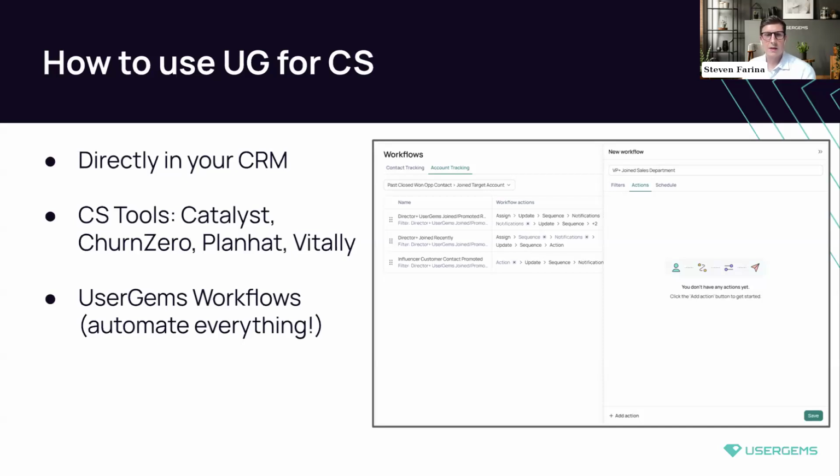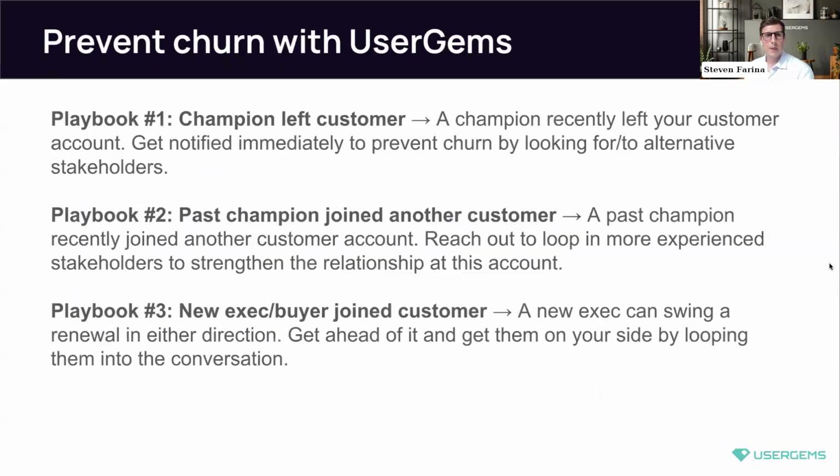A lot of them work the same these days, but we can talk about what that looks like as well. And let's say you don't have a good system for doing it in either of these places. Maybe your RevOps team is tight and they can't help you out in Salesforce to build this out, or you don't have a CS platform. UserGems workflows can also support the most important notifications and actions that you should be taking on the CS side. So let's go into the playbooks.